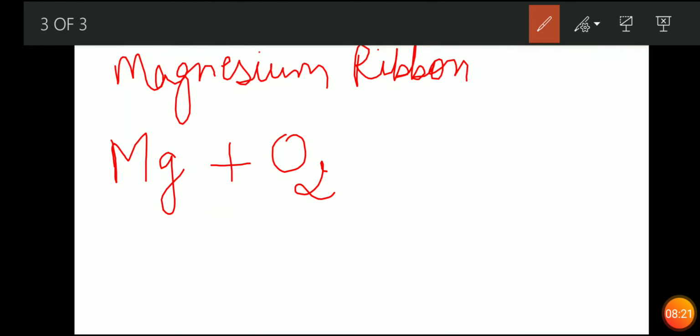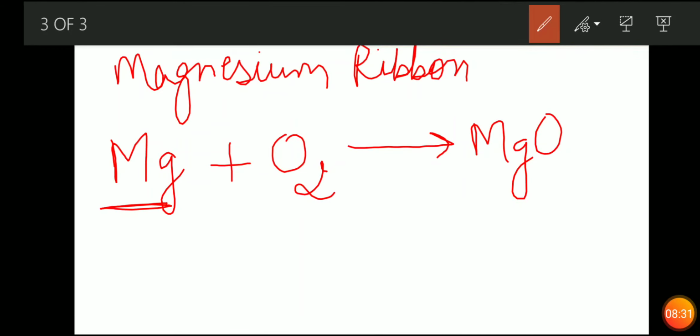Burning will take place only with the help of oxygen. It will give you magnesium oxide. Now below Mg you will write magnesium, below O2 you will write oxygen, and below MgO you will write magnesium oxide.